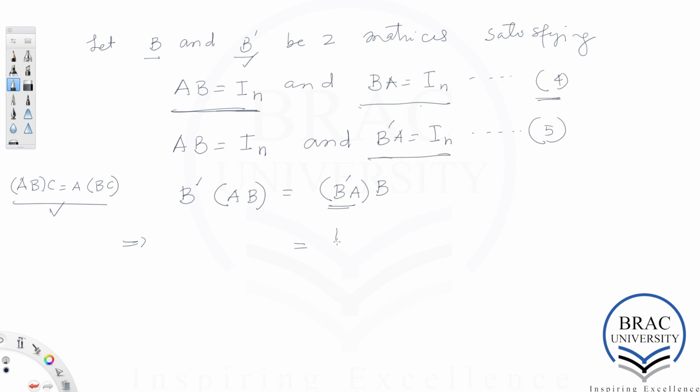I sub n, right? According to 5. And here A times B is I sub n according to 5 as well. So this is B prime times I sub n, okay, which means that B prime has to be equal to B, which proves the uniqueness of the inverse.